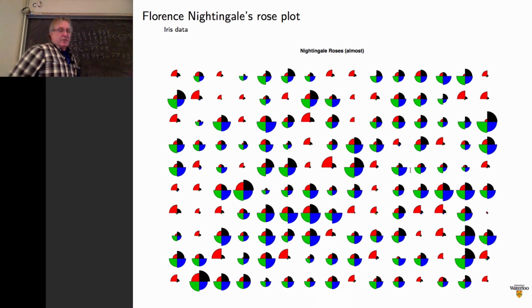So there's the iris data now with Nightingale's roses using the stars plot, with segments. One of the unfortunate things here, I believe that the segment length is actually proportional to the value, which maybe you want to be proportional to the square root of the value because you're picking up area.